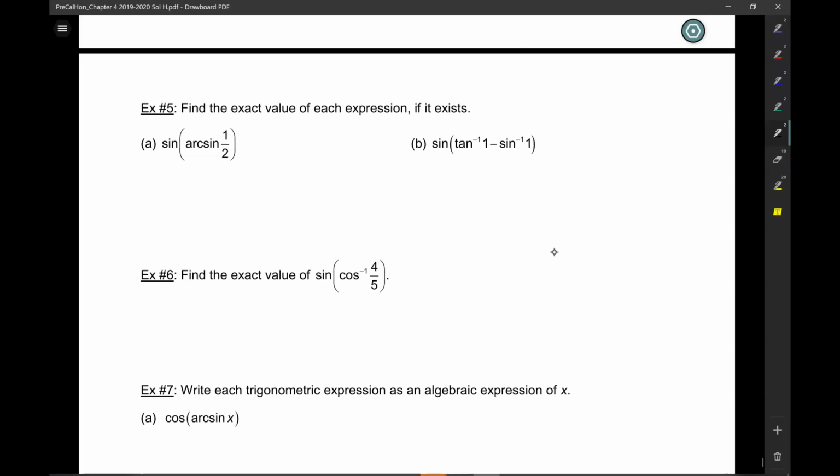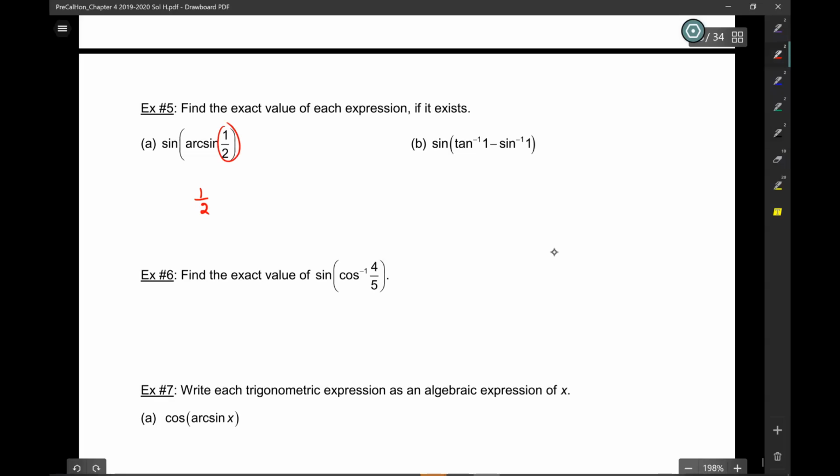Okay, now, look at these. Find the exact value. Here we want sine of arc sine of 1/2. So basically sine and arc sine undo each other. So it's just a half.